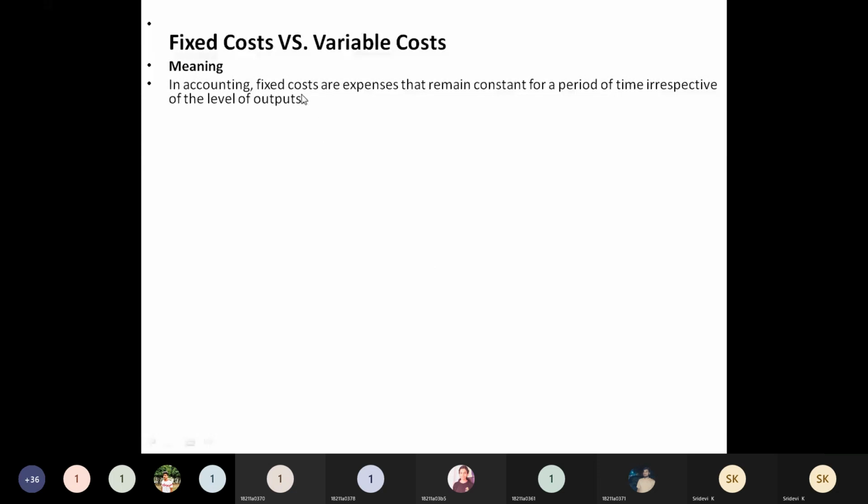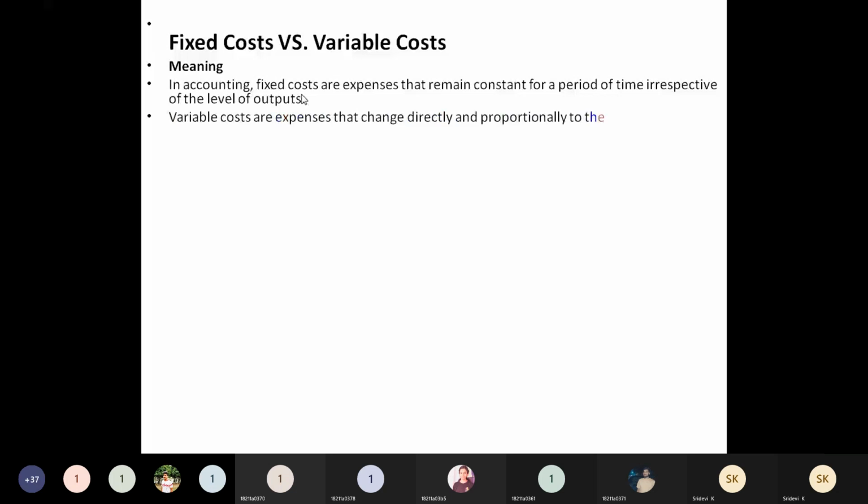That will be constant. Even if 0 output is there, you need to incur it. Even at 1 lakh, or even 10 lakhs of output, you need to incur the same amount. So they won't change along with the output.